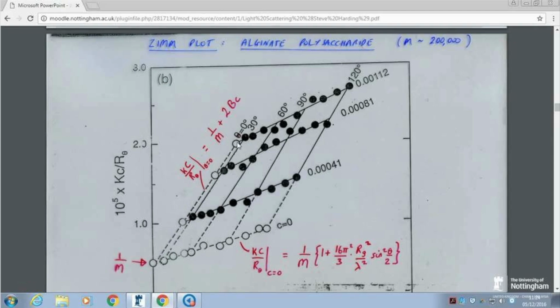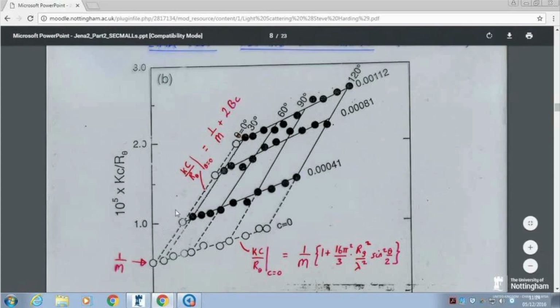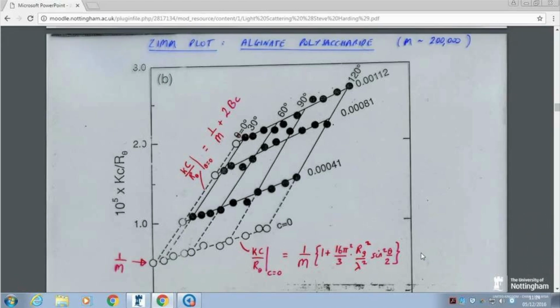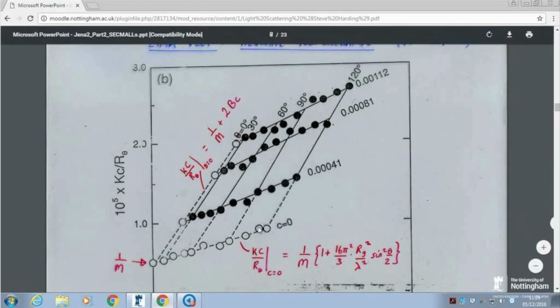All right? And because that's a 0 angle line, all that RG squared rubbish goes out. You're left with that. Because this is a 0 concentration line, the 1 plus BC, all that rubbish, just ends up as 1. So the equation of this line is just that, and the equation of that line is that.